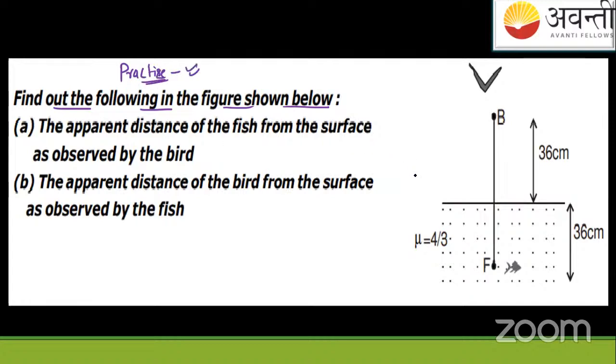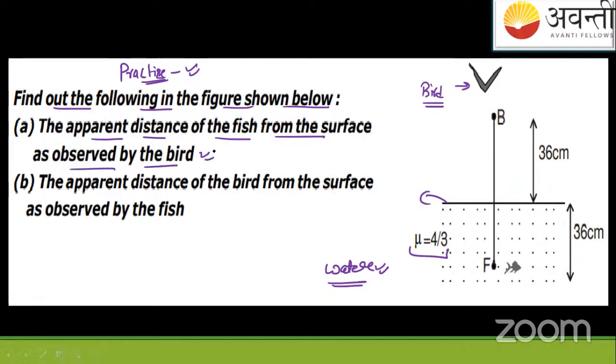Okay. So see, this is a surface which is separating two mediums. This is water, denser medium. This is the rarer medium, bird. First they're asking the apparent distance of the fish from the surface as observed by the bird. How much will the apparent distance of the fish be as observed by the bird?